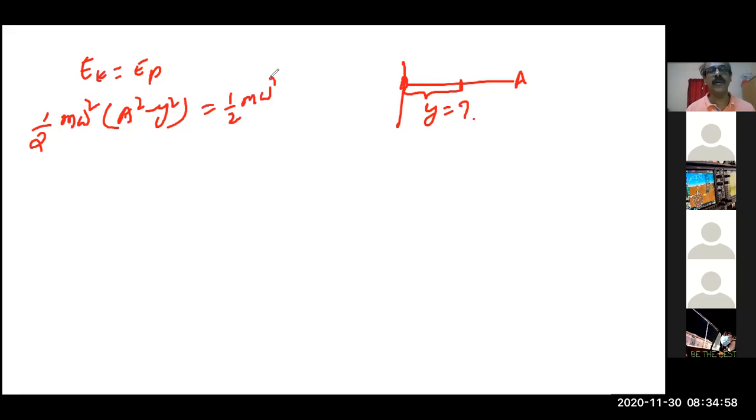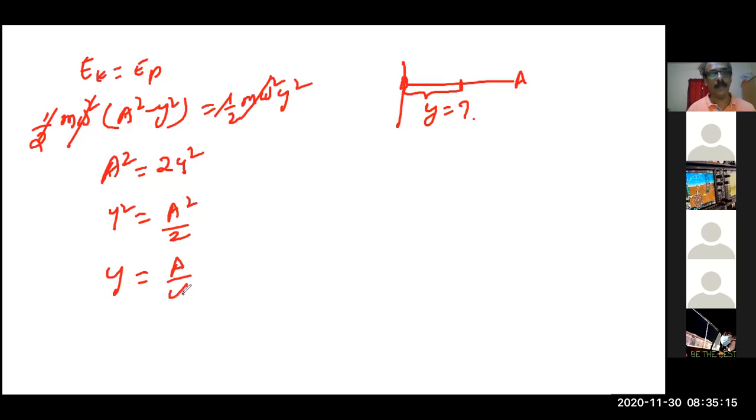Half m omega squared y squared. M omega squared cancels, half cancels. A squared is equal to 2y squared. Then y squared is equal to a squared by 2, so y is equal to a by root 2, plus or minus. Clear?